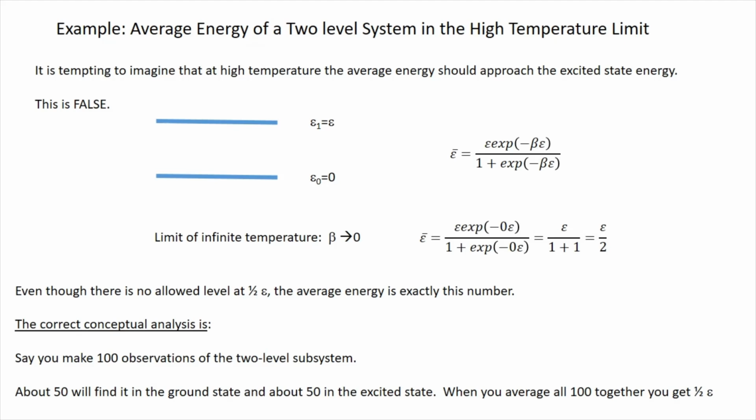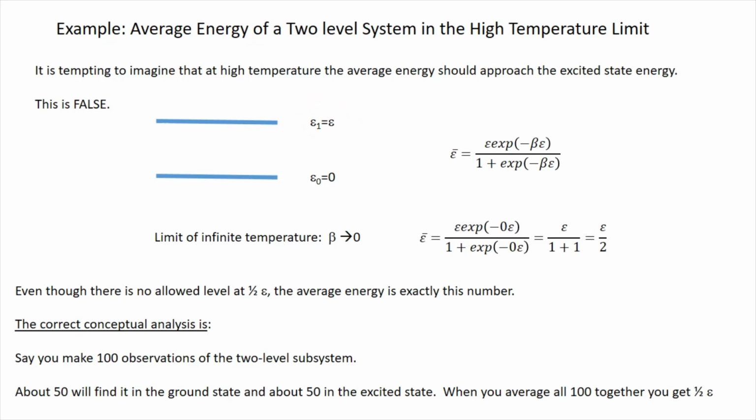And so the correct conceptual way to view what's going on here is that you came into this system and you measured the energy of the subsystem, say 100 times. About 50 of those observations, you found the energy was 0 in the ground state, and about 50 of the times, you found it was epsilon, the excited state.